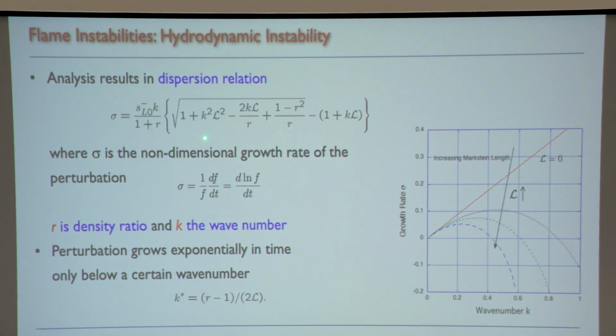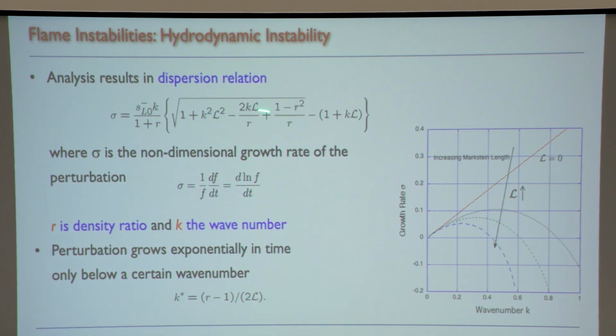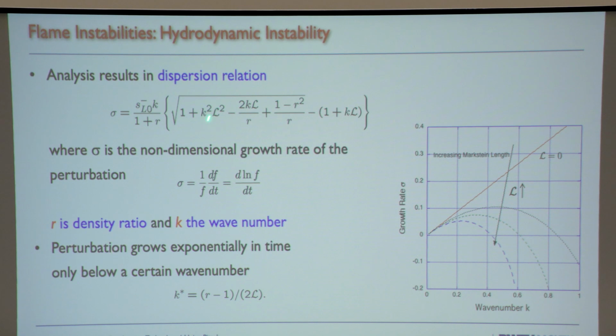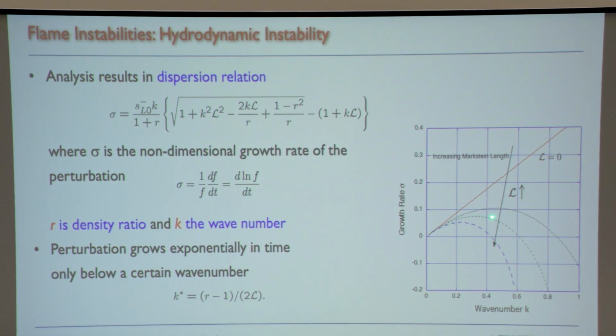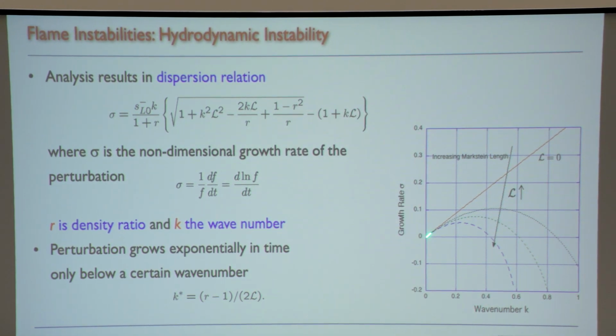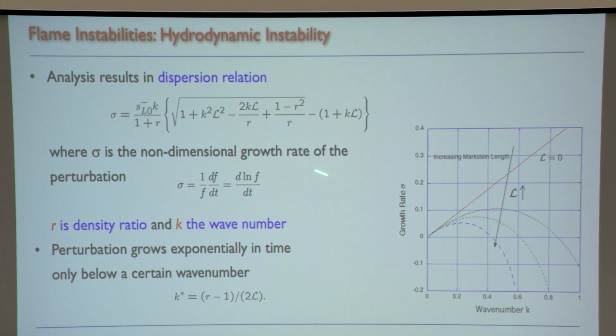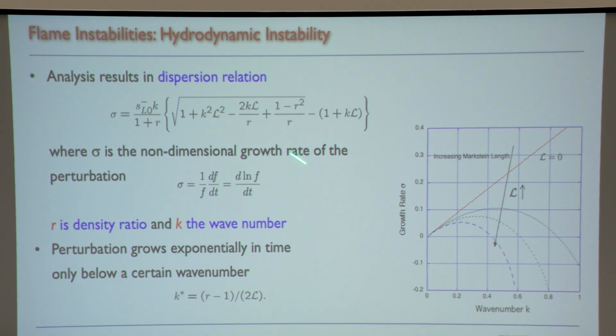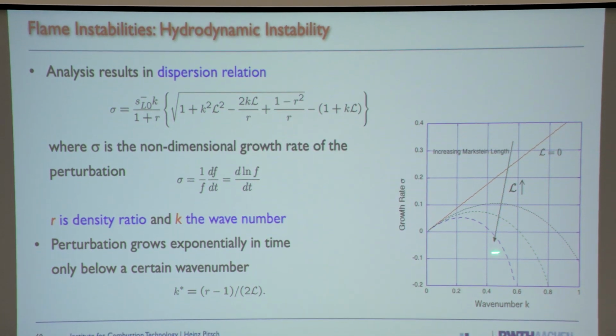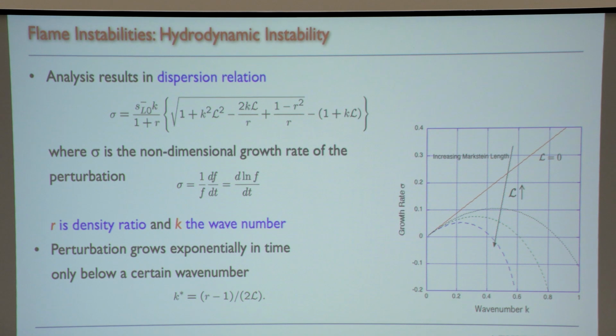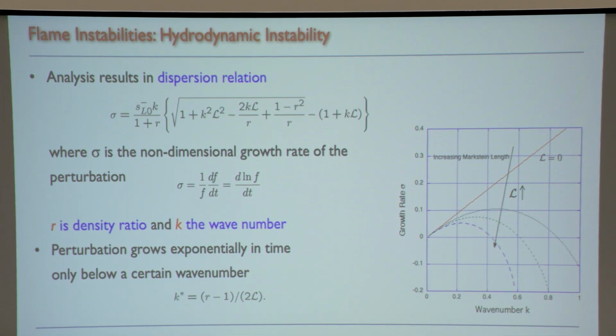So you see for very small wave number, this effect becomes small; these terms go away, and this diffusive stabilization is small. But for very large wave number, this becomes large, and then you see the growth rate is negative, which means it's actually a stabilization effect.